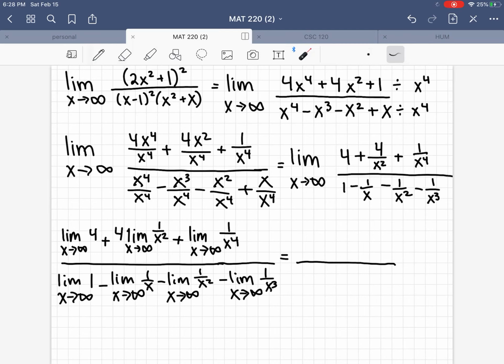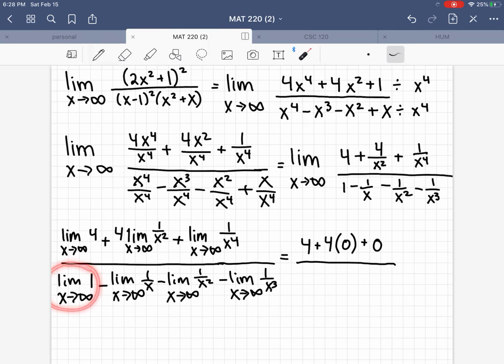So our first one, the limit as x approaches infinity of 4, that is going to be a constant. So that's just going to be 4. And then here we have 4 times the limit as x approaches infinity of 1 over x squared, which is going to be 0, plus the limit as x approaches infinity of 1 over x to the fourth, which is going to be 0.